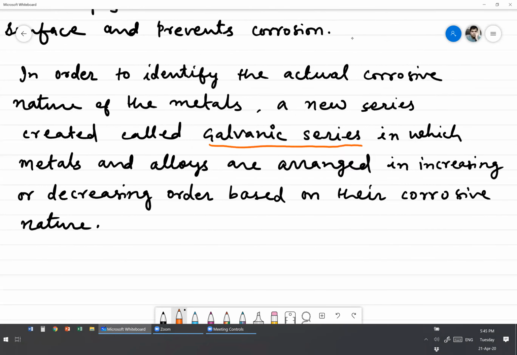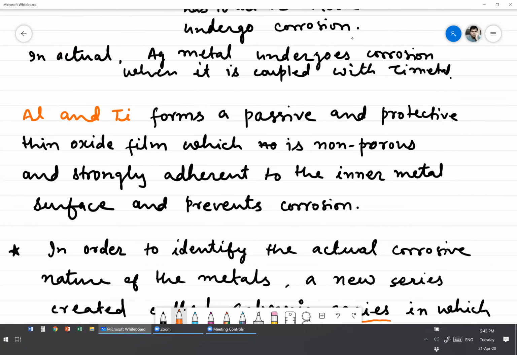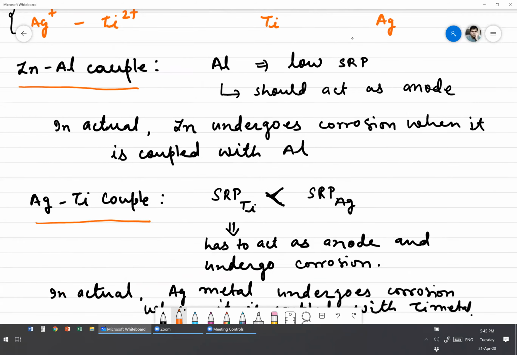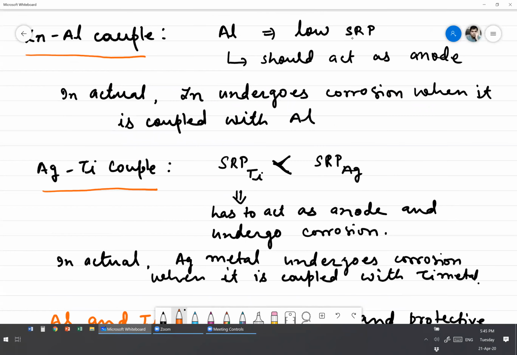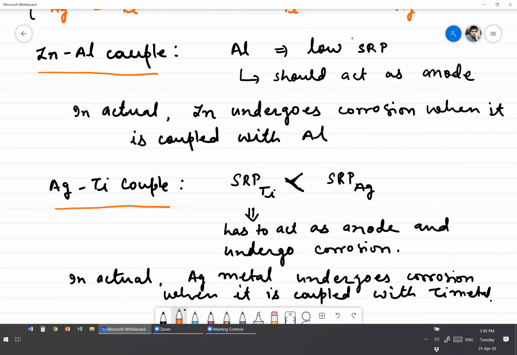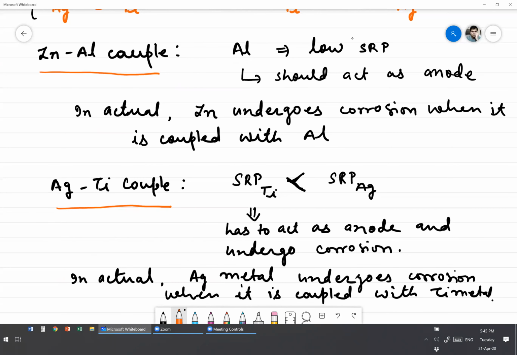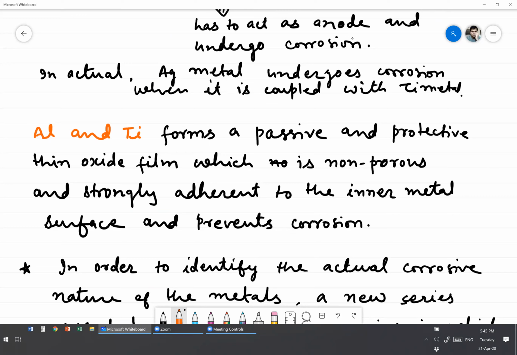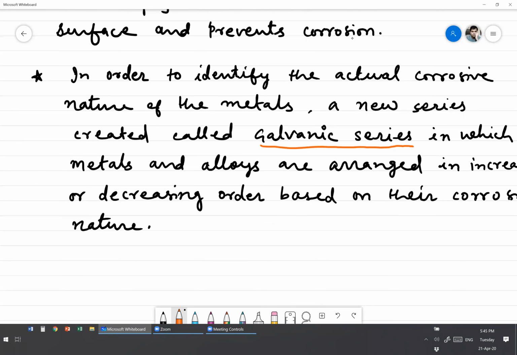The electrochemical series could not explain the high corrosive nature of the zinc and silver metals when they are coupled with aluminum and titanium metal respectively. So in such cases, to explain the corrosive nature of all the metals and alloys, a new series was created, called the galvanic series.